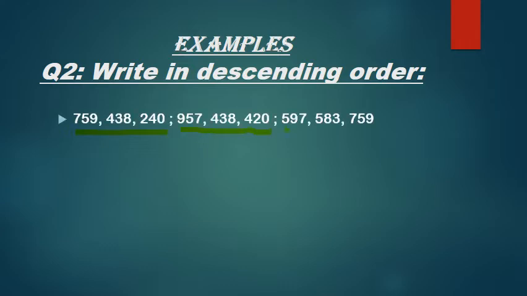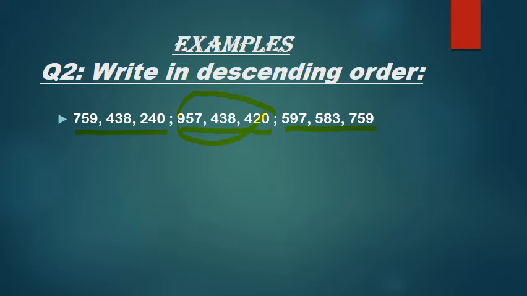We have three numbers here. The first one is 759,438,240. Then we have 957,438,420. Then we have 597,583,759. So which one is greater?